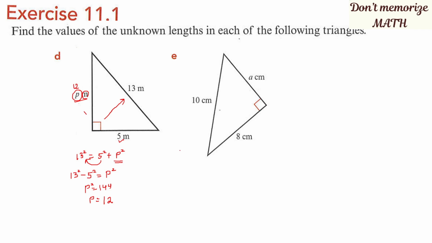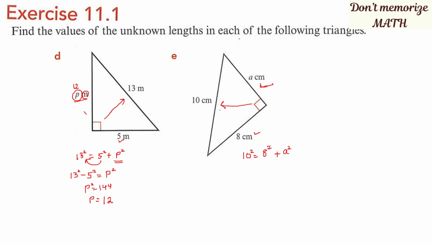Okay, so next question. Here also we are using Pythagoras theorem. So opposite of 90 degrees is hypotenuse. So here hypotenuse square is equal to base square, that is 8 square plus height square. If you are asking whether we can take this as base, you can take this as base or this as height.